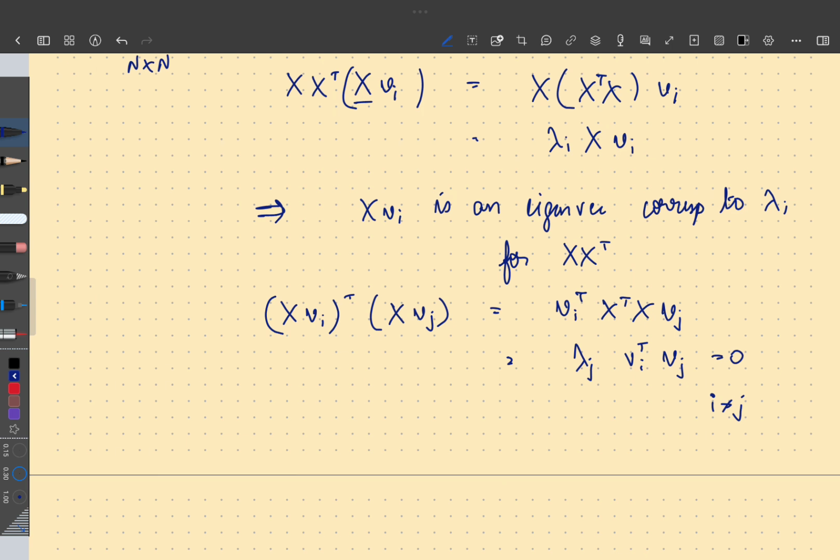This is something a little more important here. This is equal to 0 if i is not equal to j. But what happens when i is equal to j? This is equal to lambda j, or lambda i, whatever.